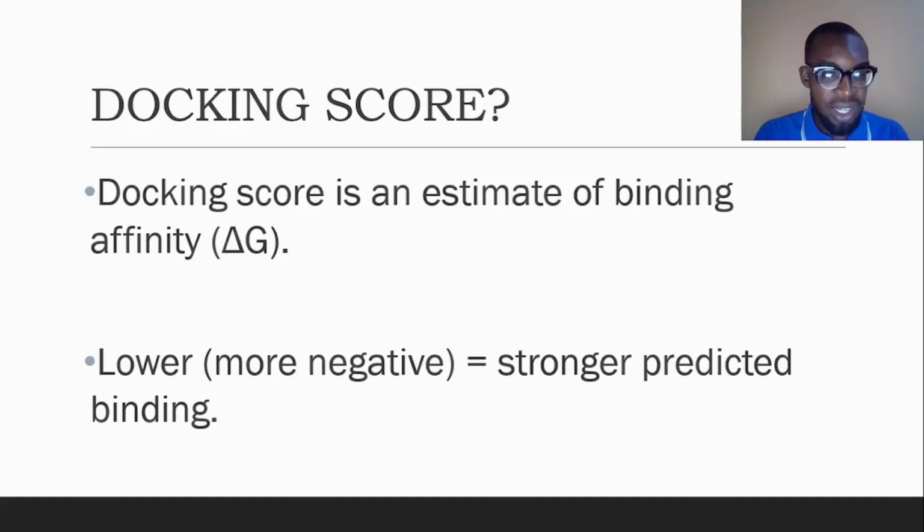There are times when more negative doesn't really translate to stronger binding, but generally, we take it that once you have more negative values, it shows that there is a strong interaction between the molecules you are working with.